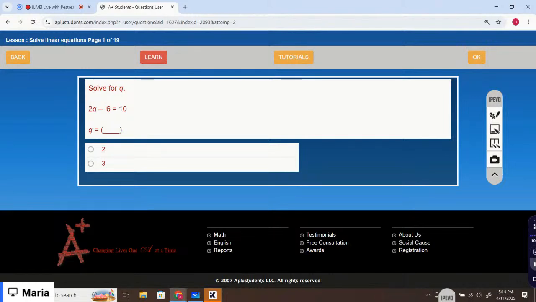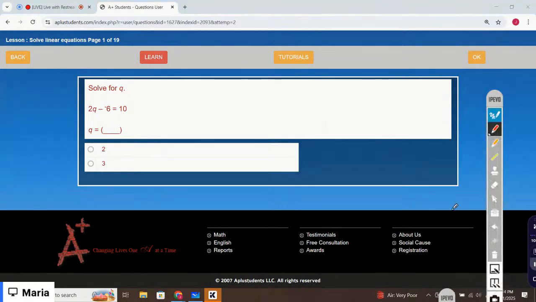Solve for Q. 2Q minus negative 6 equals 10. So subtracting a negative integer is same as adding. Now move 6 to the other side. So 2Q equals 10 minus 6. 10 minus 6 is 4. Divide both sides by 2. So Q equals 2.